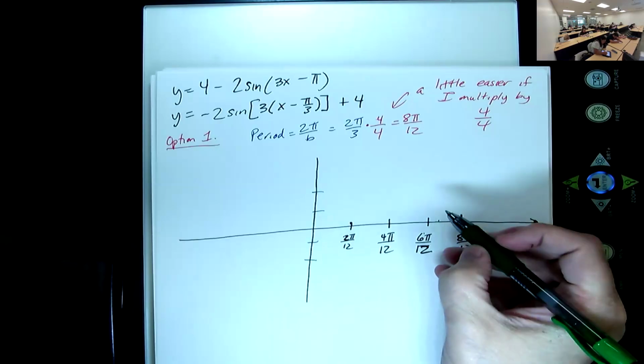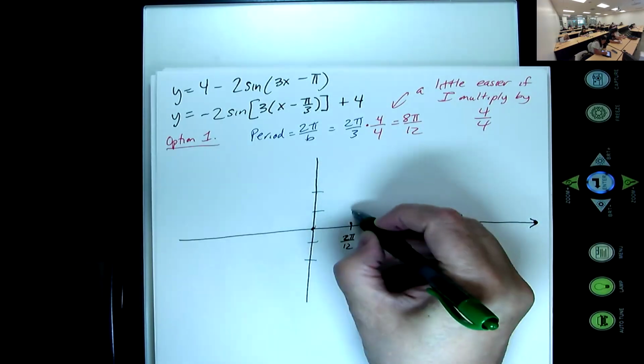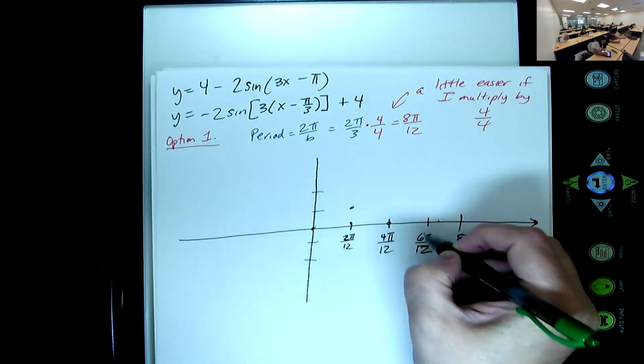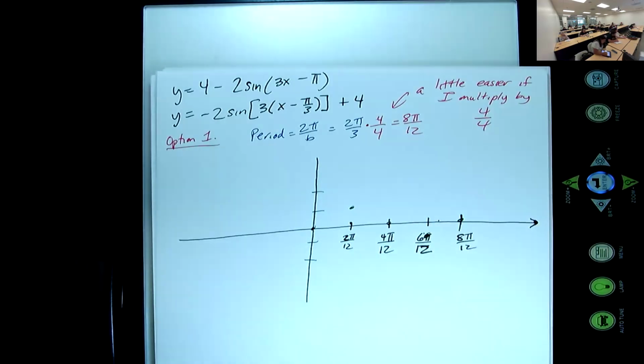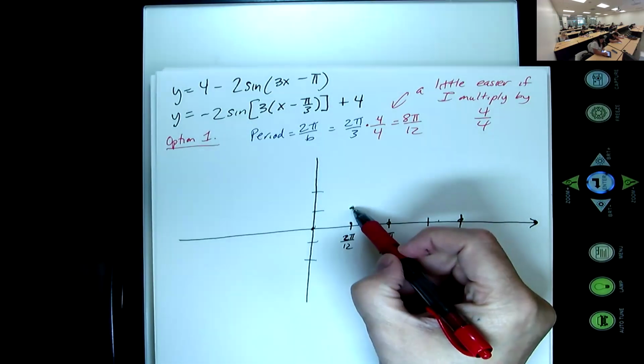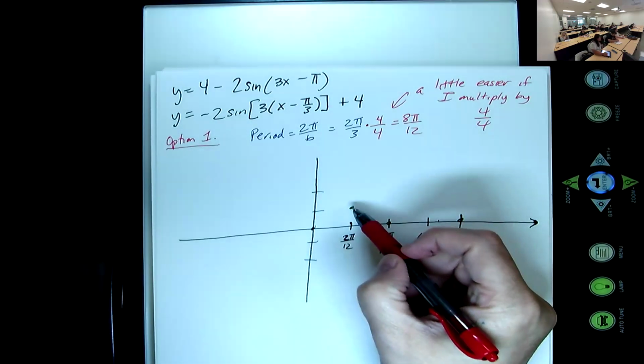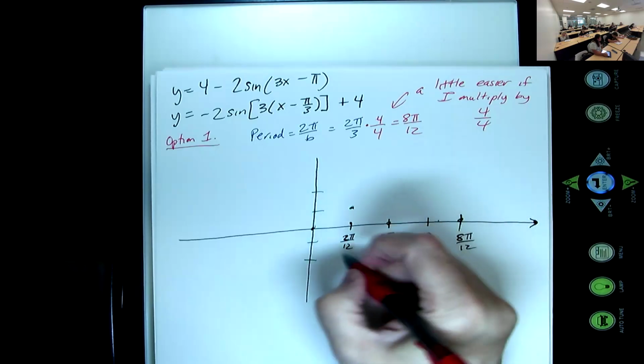Normal values of sine go like this. I will have those same values, but I'm going to take this and multiply it by a, which is -2. 1 times -2 is -2.